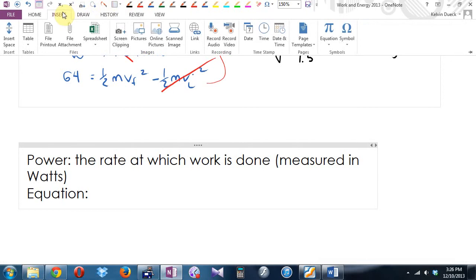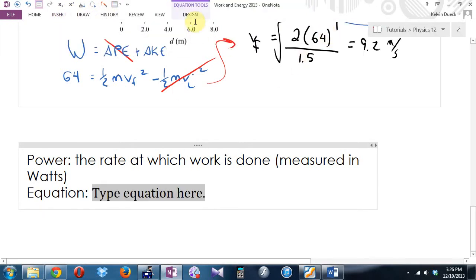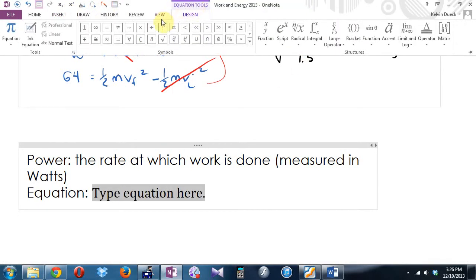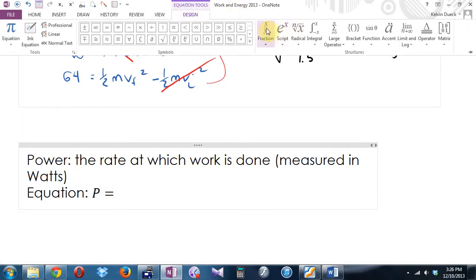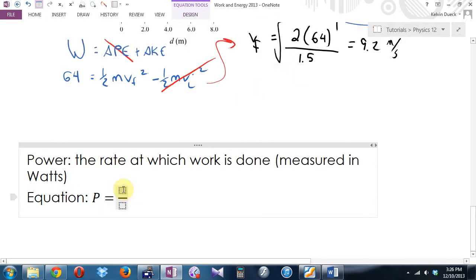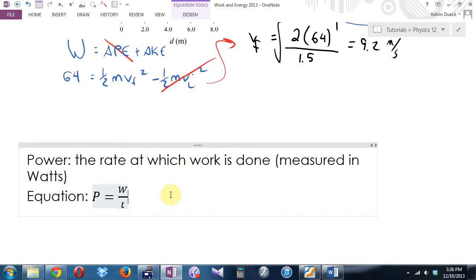Woohoo! Insert equation. Equation tools. Where's my fraction thing? Power equals work over time. Work, scalar or vector? Scalar. Time, scalar or vector? So what do you think a scalar divided by a scalar results in? A scalar. Okay, so power, scalar, measured in watts.